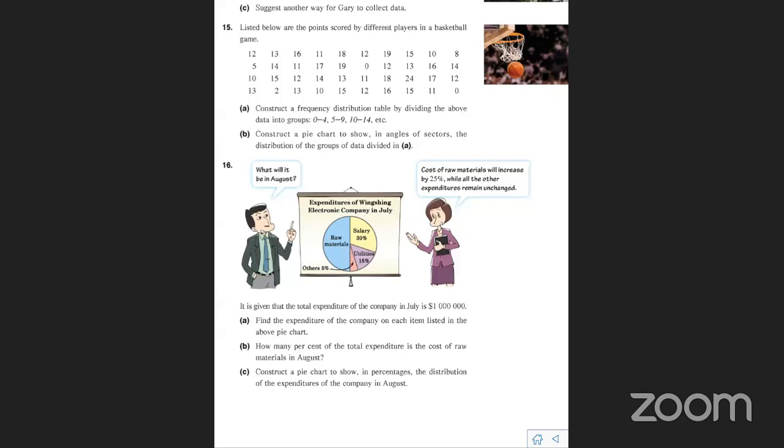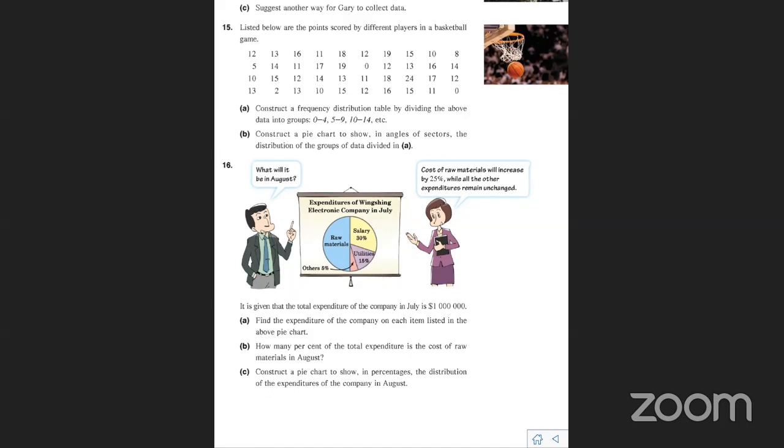No, nothing. Right. Now here, in number 16, expenditure means the money you spend. This chart shows how much money this company spends in July. 30% of the money is spent in salary, and 15% will be utilities.